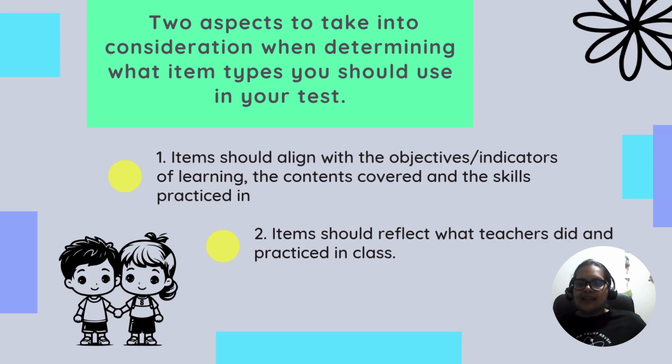The second is that items should reflect what teachers did and practiced in class. It's almost the same: if the students spend time learning how to read stories, grammar, or writing sentences, the test should include those same kinds of tasks.